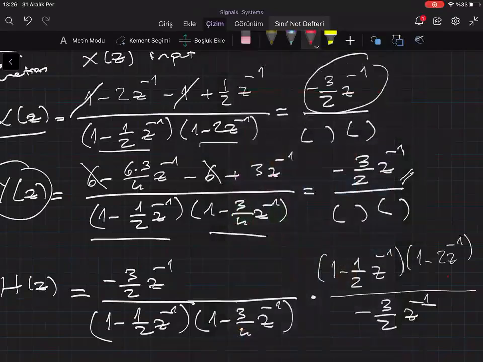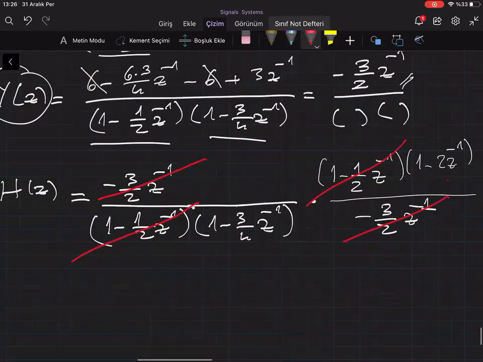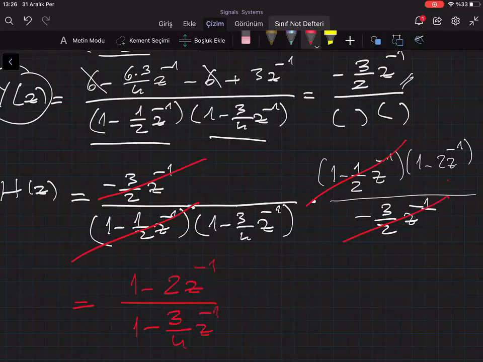So what do we see here? This is going to go, this is going to go, and I will be left with 1 minus 2 Z to the power minus 1 divided by 1 minus 3 over 4 Z to the power minus 1. Is that part clear? Yes hocam.